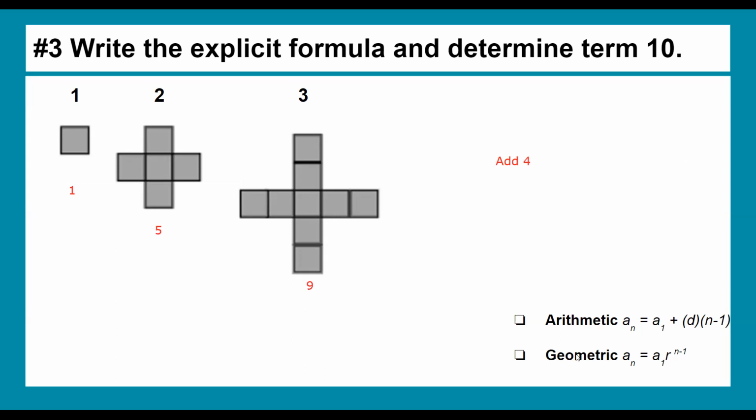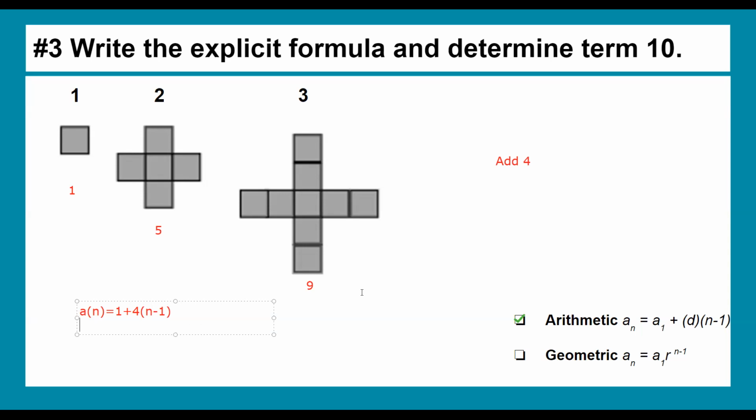This means that, again, I have an arithmetic sequence. Let's write the explicit formula. So we're going to say a of n equals, the first term is 1, plus our common difference is 4, and then I'm multiplying that times n minus 1. So now I need to determine the value of term 10.